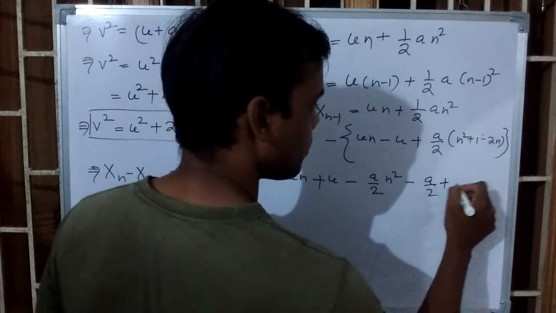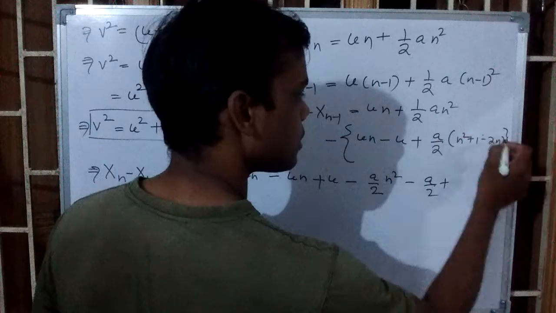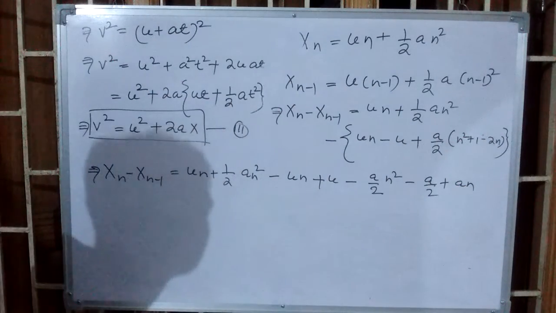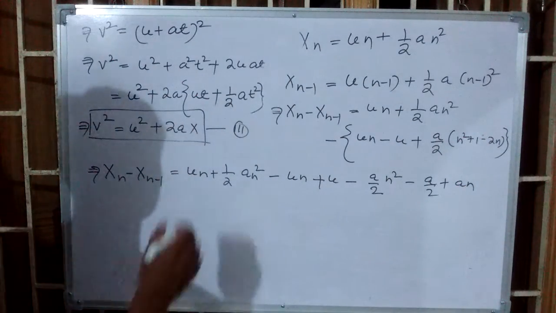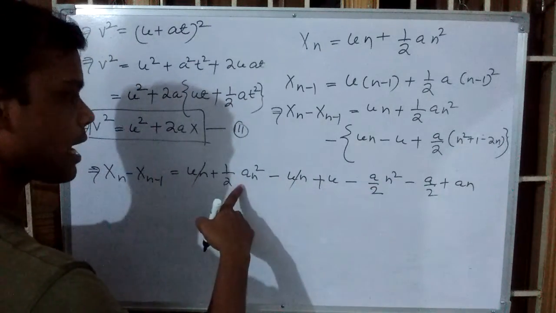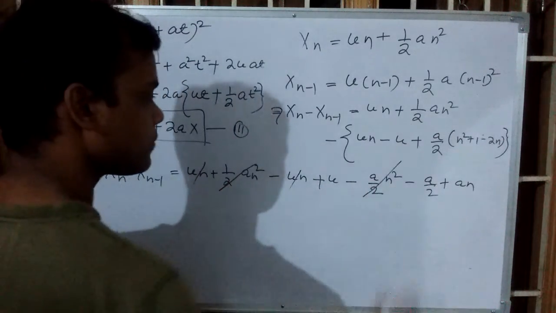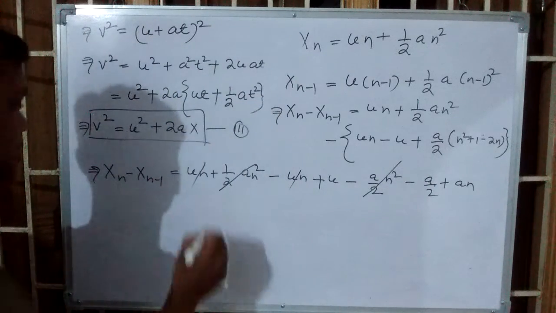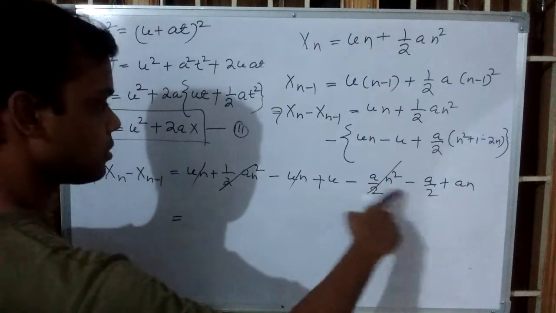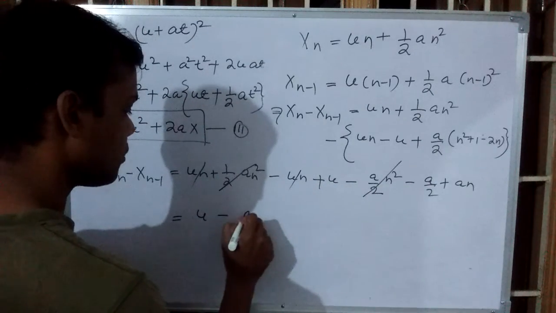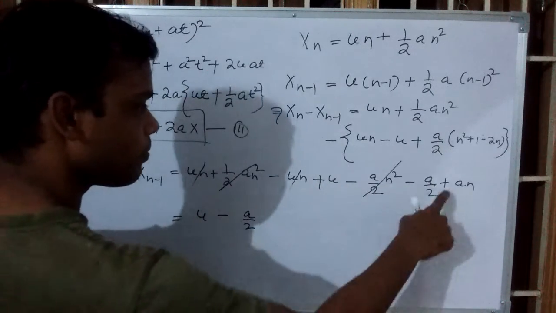Plus 2 gets cancelled, it will be simply an. Now un gets cancelled, half a n square will also get cancelled. Now what is there? There is u minus a by 2 plus an.